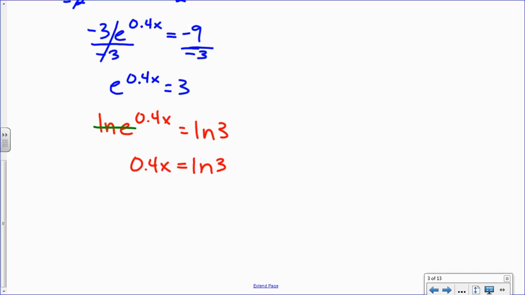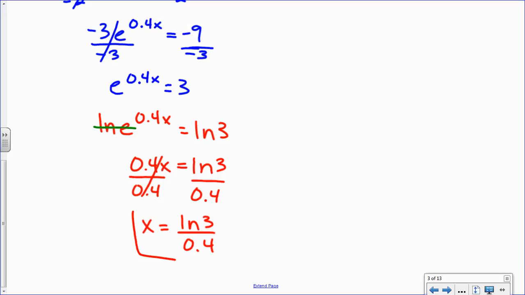So I want to keep it exact. So right now I keep the natural log with it. To get x by itself, I can divide by 0.4. So the exact answer is natural log 3 divided by 0.4.